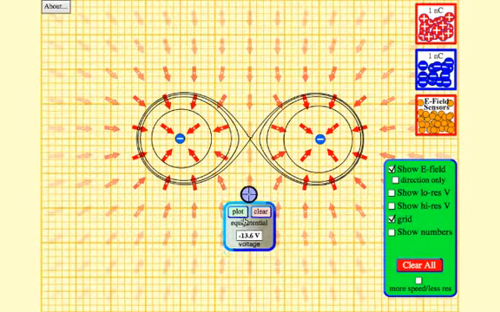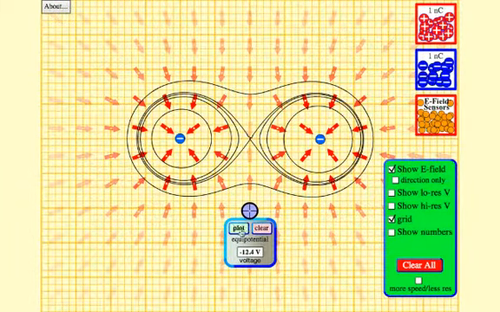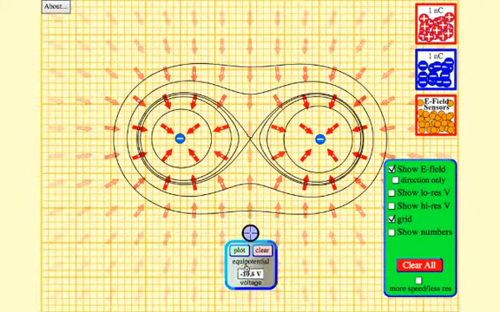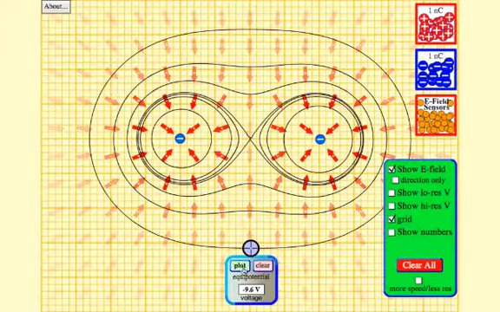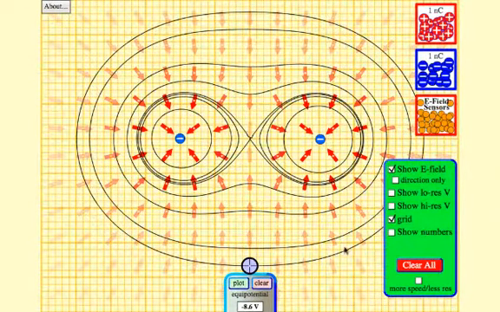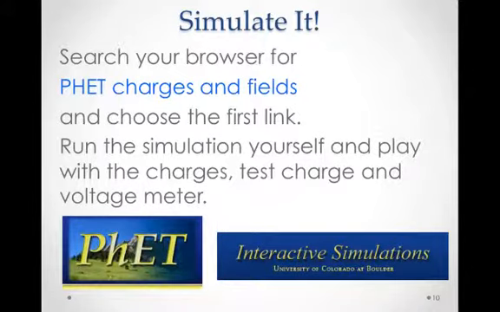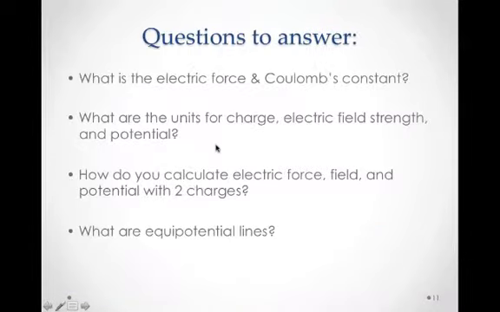Pretty good. And then as we get around here, they start to kind of broaden around the two, and then eventually at some point out here would make kind of like an ellipse. So those are equipotential lines. You should get on PhET here and try it out yourself. It's kind of cool to play with. So if you want to simulate it yourself, go to PhET, Charges and Fields, and check it out.